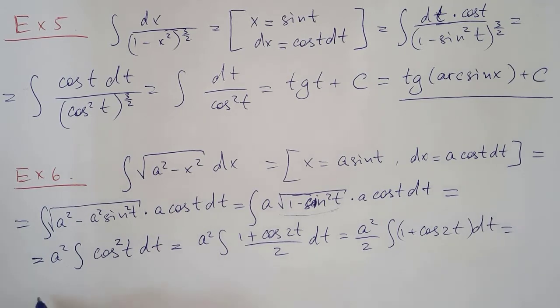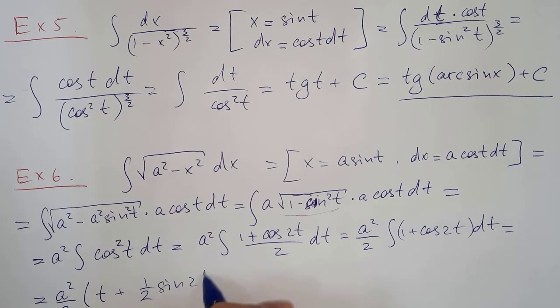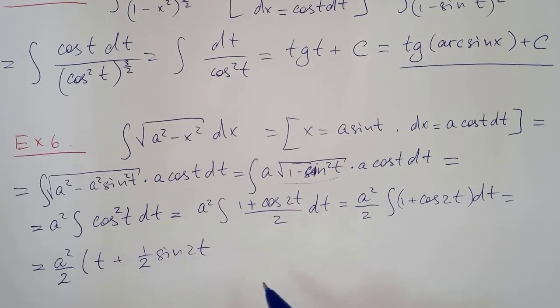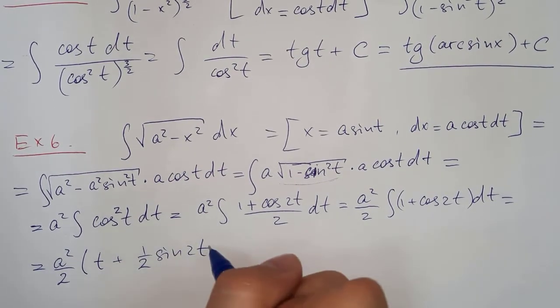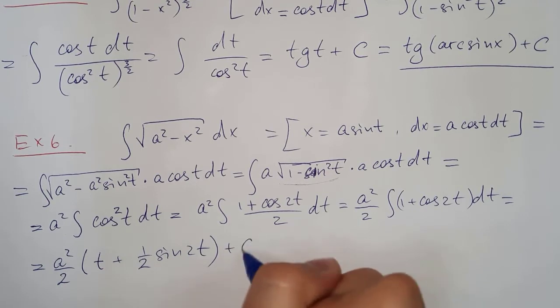Then if we continue, we get a squared over 2 times, in brackets, t plus the integral of cosine 2t, which is 1 over 2 sine 2t, and then plus c of course.